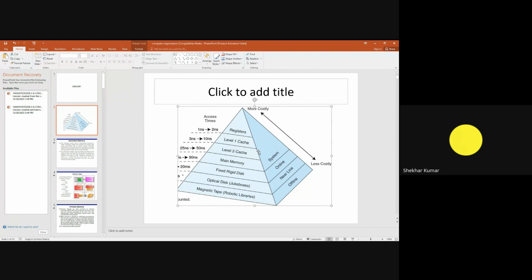Second comes cache memory. It is a small, fast memory unit, also located close to the CPU. The CPU directly accesses this cache memory also.